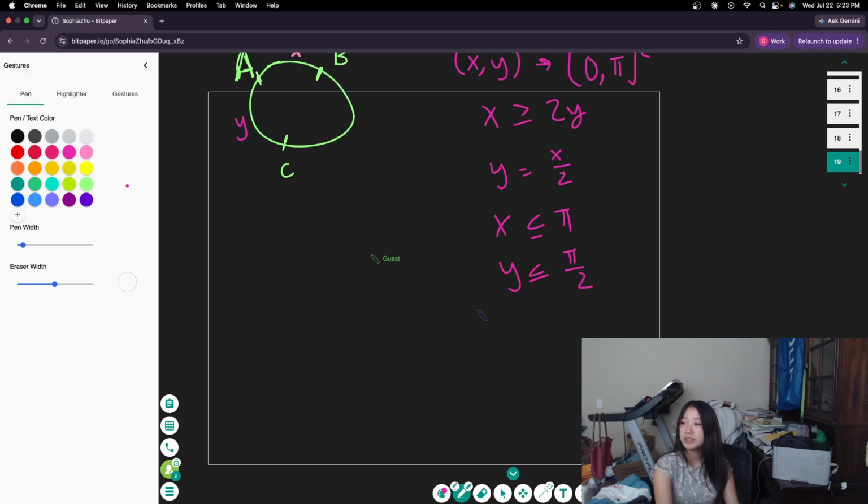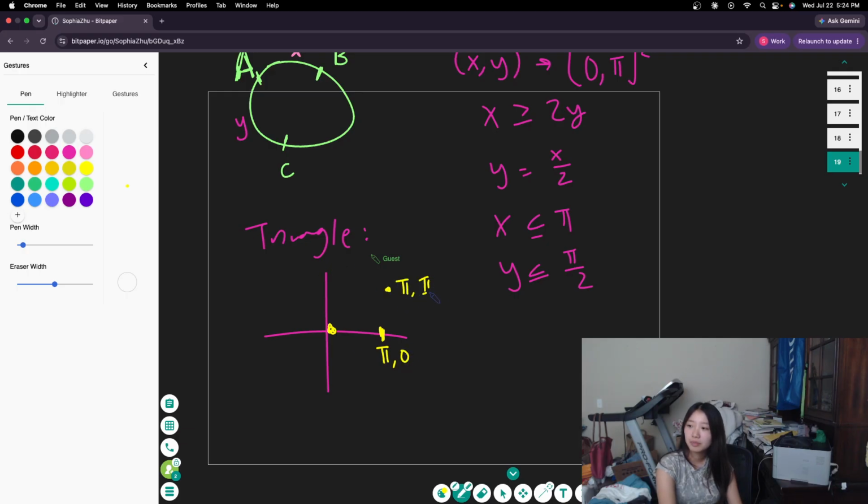And so then our desired area or region is essentially just a triangle that looks something like this. So it has the coordinates 0, 0, pi, 0, and pi, pi over 2.